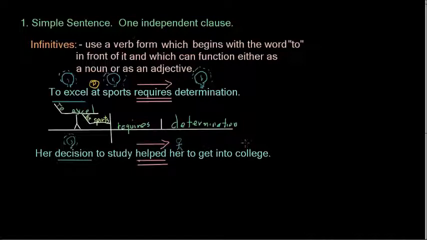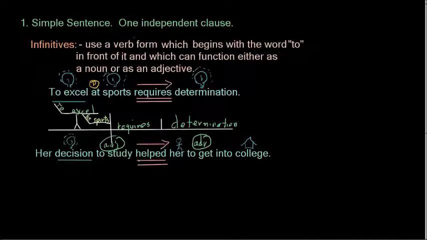College, let's call that a place. And we have two infinitives. Her decision, what was the decision? To study is an infinitive, used as an adjective. And to get is being used as an adverb.